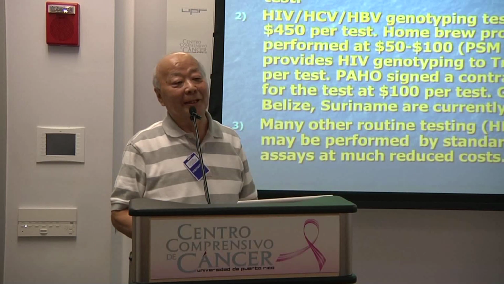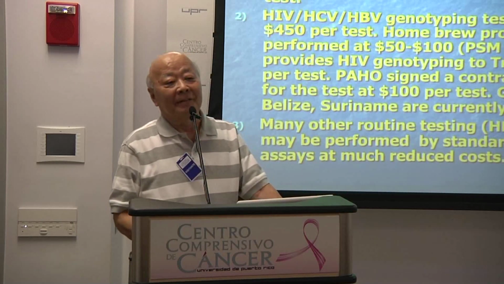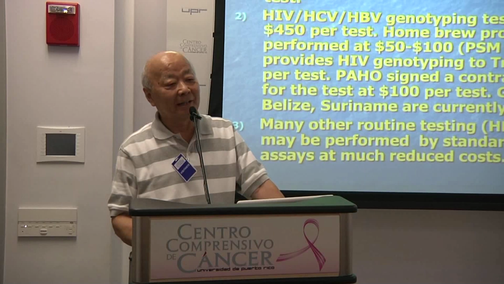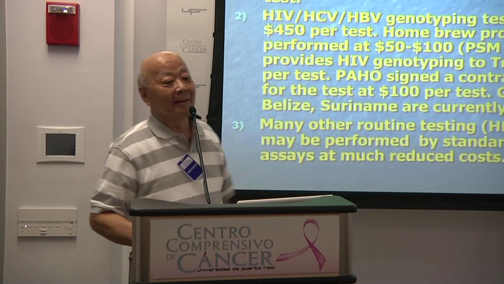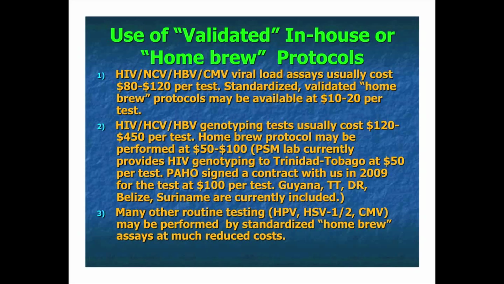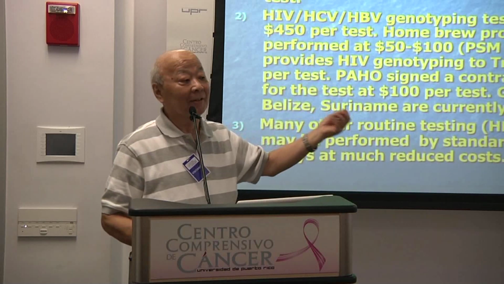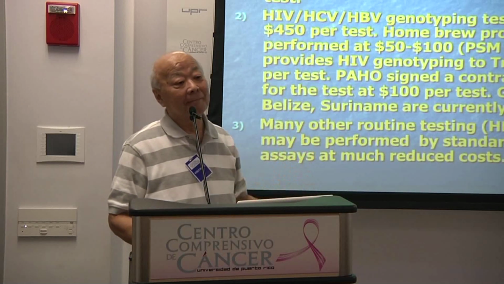And I know the Clinton Foundation sends testing to South Africa for $600. With a homebrew using a WHO accredited protocol, we have been offering it, for example, to Trinidad and some other Caribbean countries at 50.